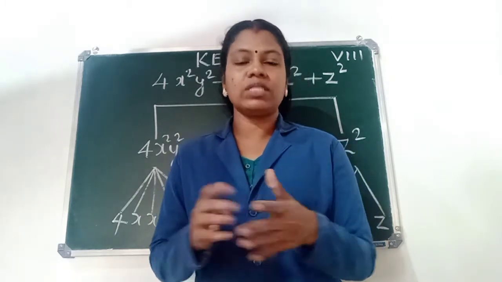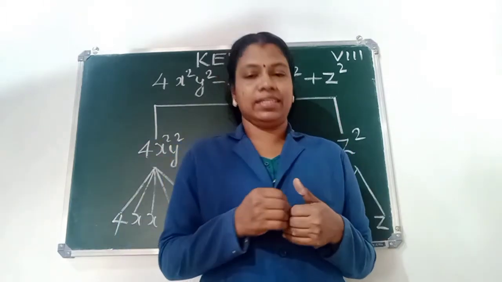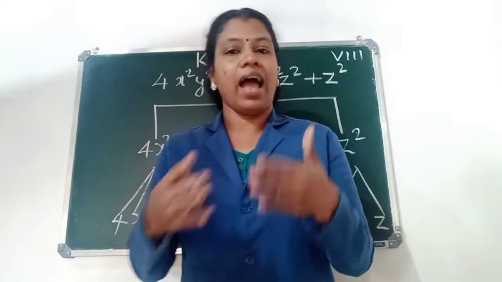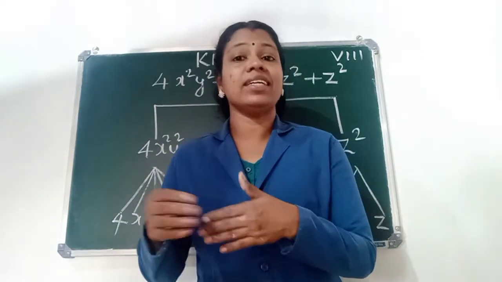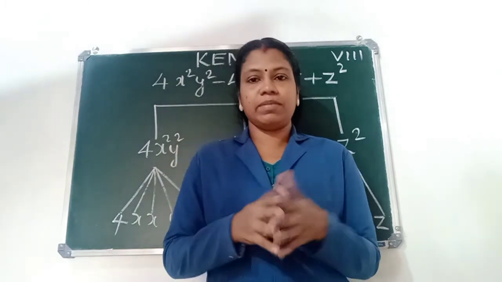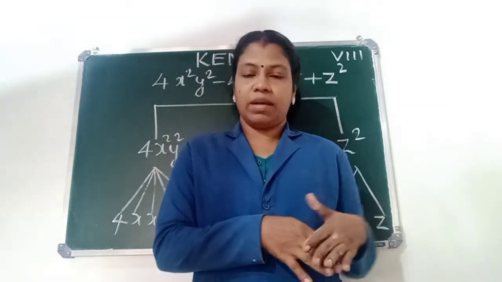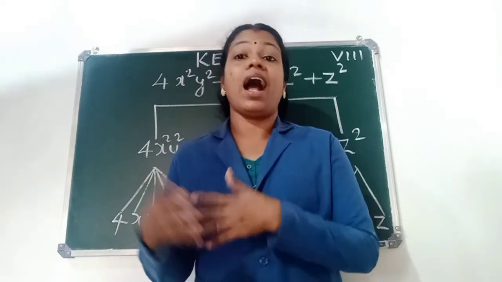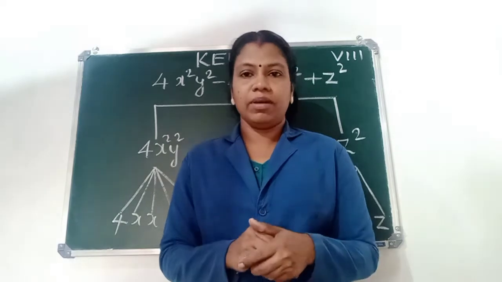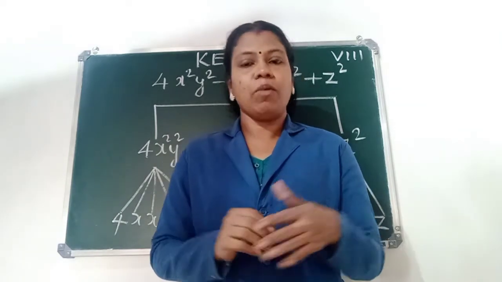While adding or subtracting polynomials, first take the like terms and add or subtract them first. Then handle the unlike terms. That is the method. First take the like terms, then add or subtract, whatever may be the operation, then handle the unlike terms. That is the method to add or subtract polynomials.